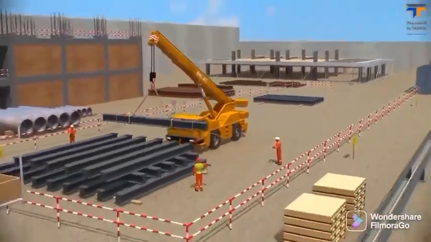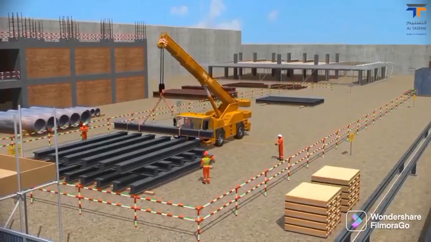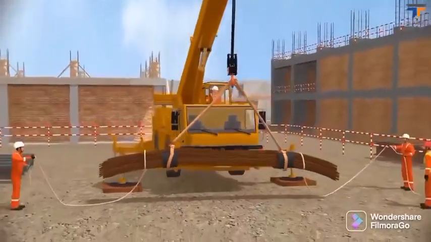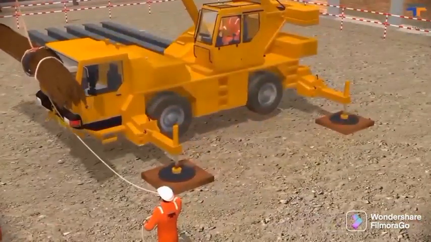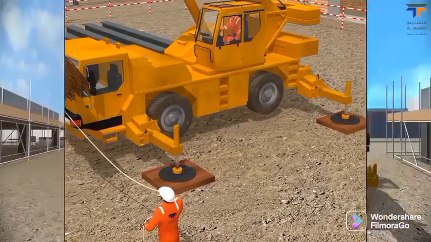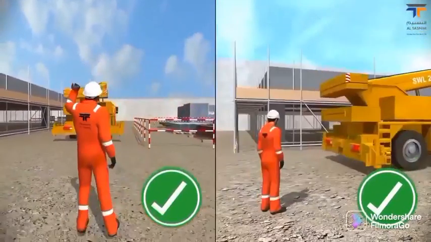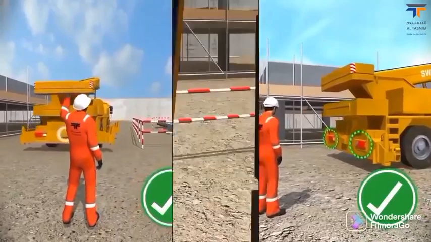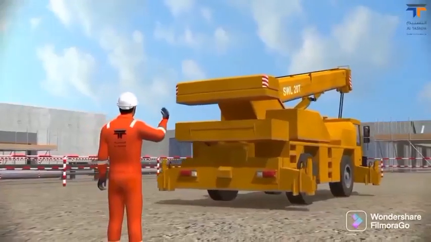Safety barricading should be secured in the working area around the crane. Land should be even and hard. Outrigger should be fully extended. Lights and sounds of reverse brakes should be in proper working condition. Rear view mirror should be clean and should be in a proper position.